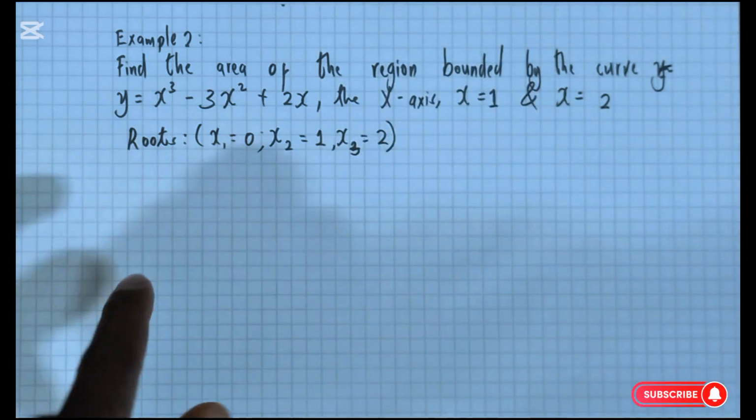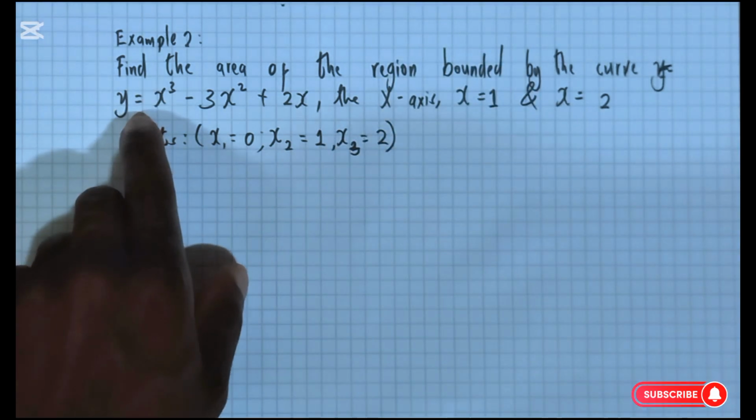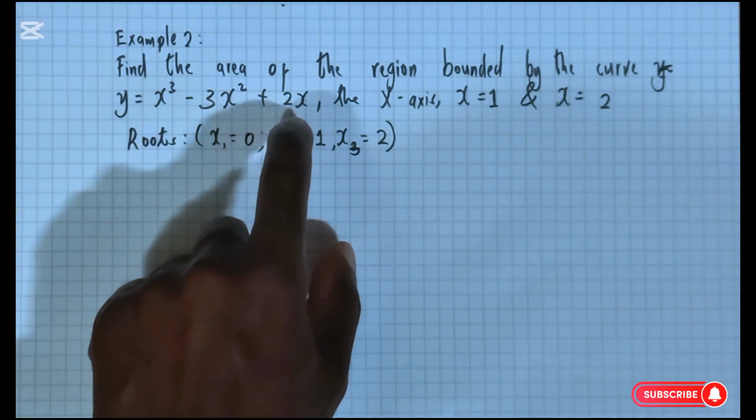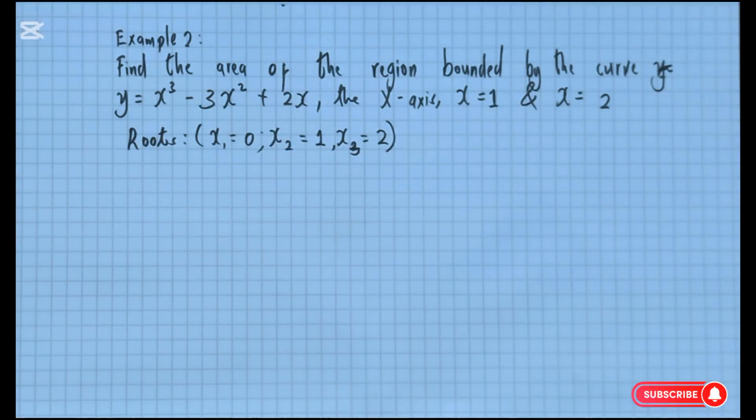So these here are the roots of this particular problem, that is y = x cubed minus 3x squared plus 2x.